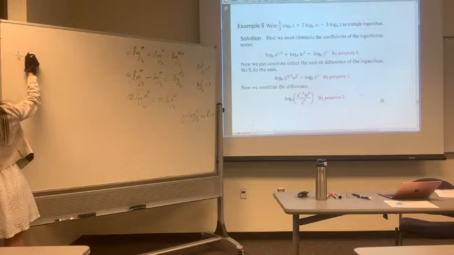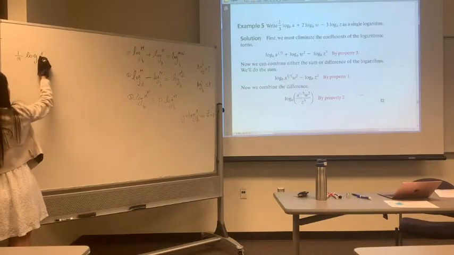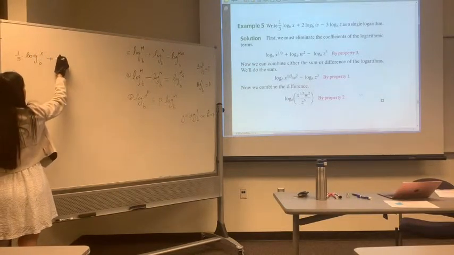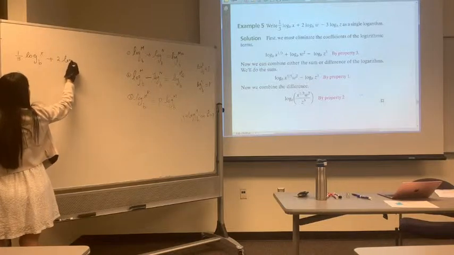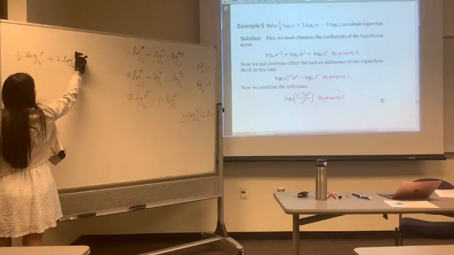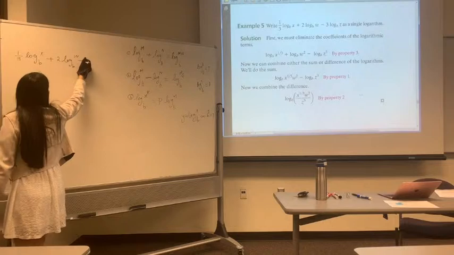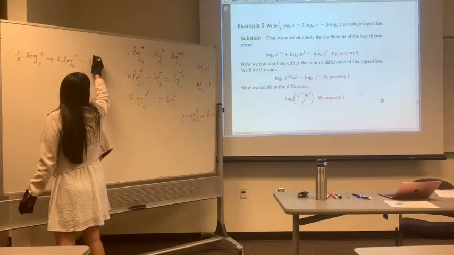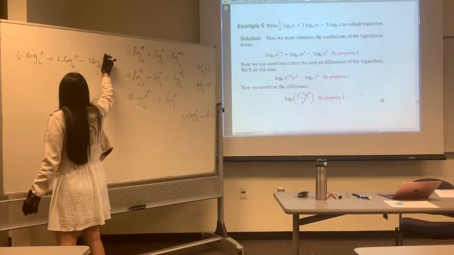One over 3 log x base b plus 2 log b w minus 3 times log b z.